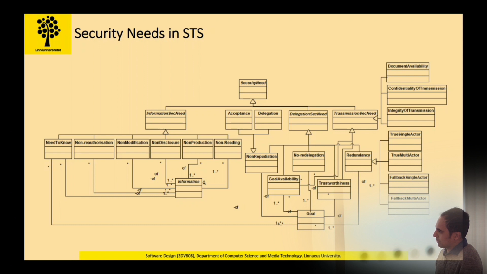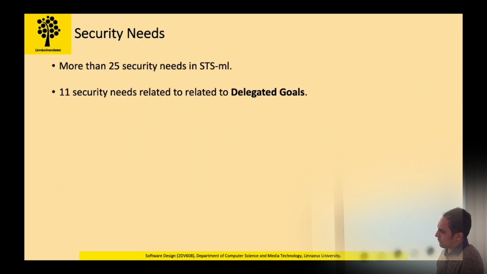But we will also show some examples afterwards. So out of those 25 security needs, which are basically translated into security requirements at the end, 11 of them are about the goals or delegated goals.